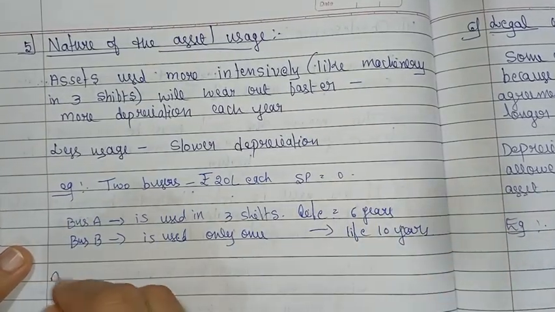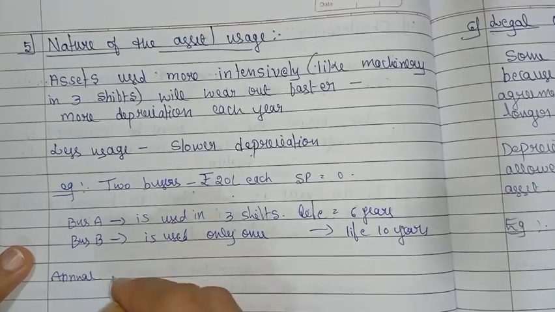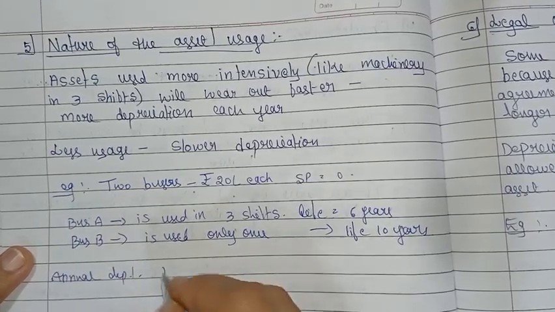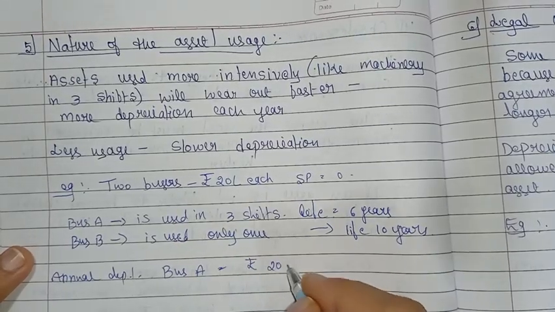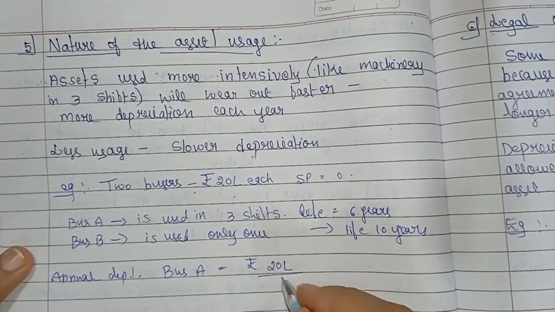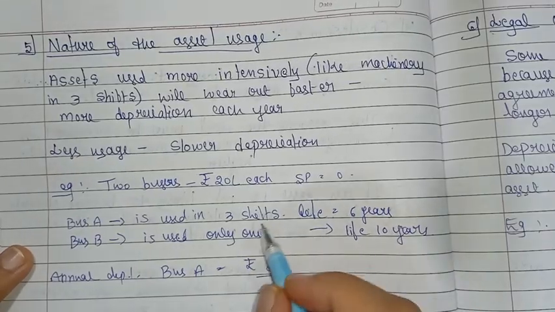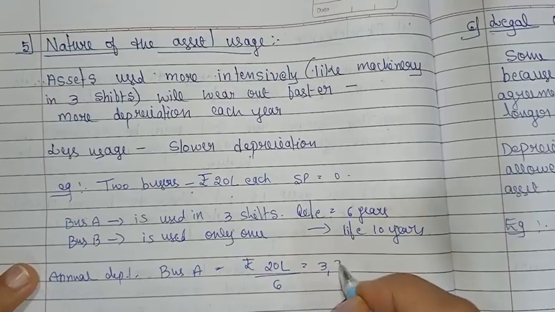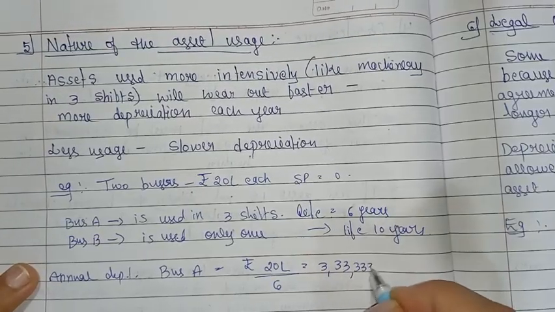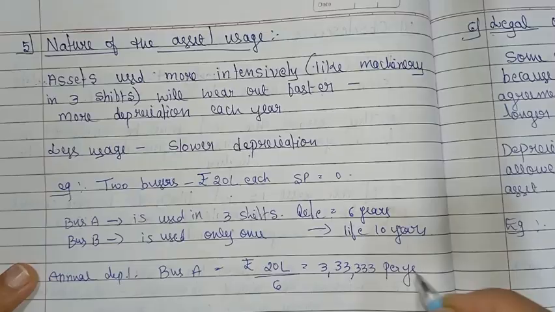Now the annual depreciation for bus A is rupees 20 lakh divided by 6, because its life is 6 years, which equals 3,33,333 per year.